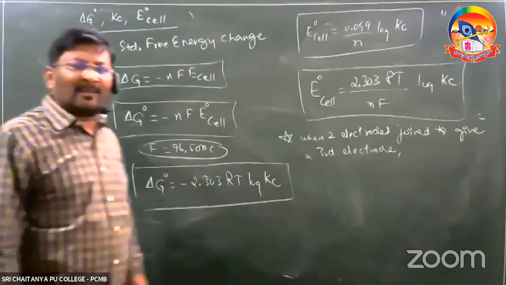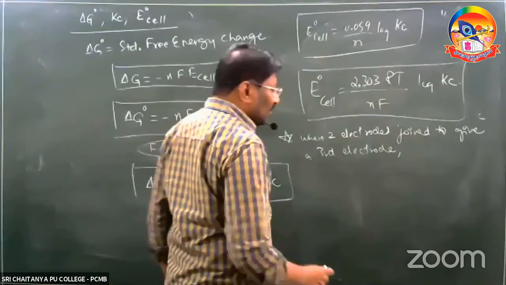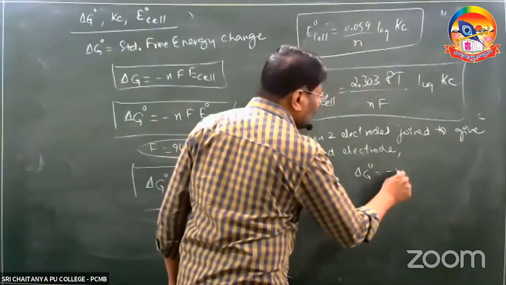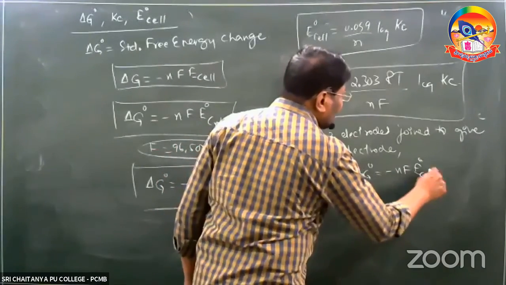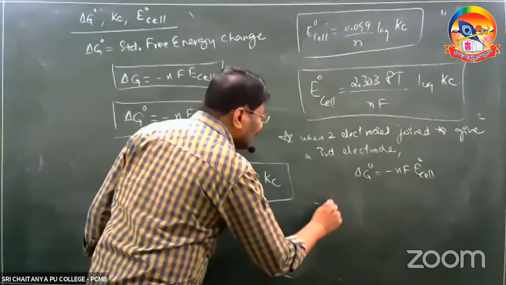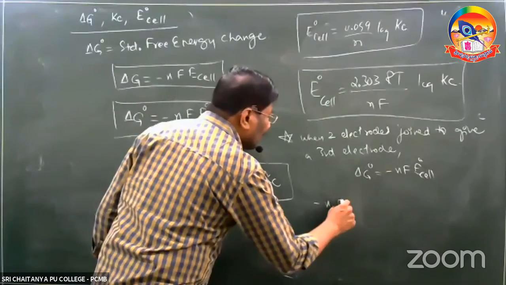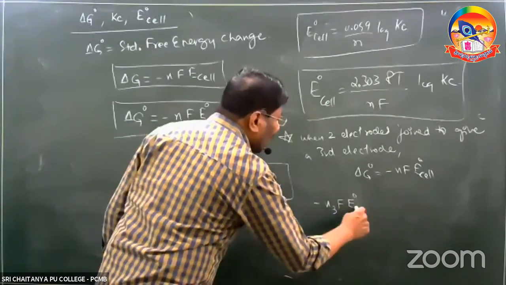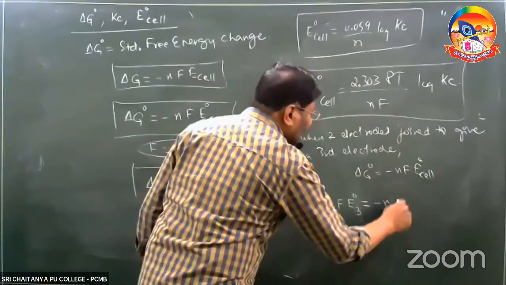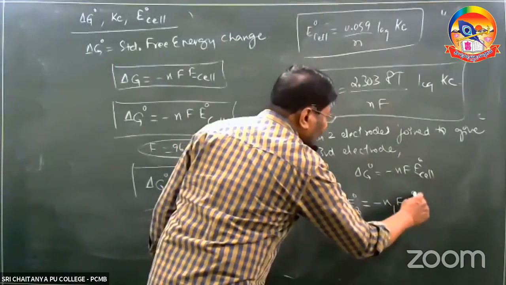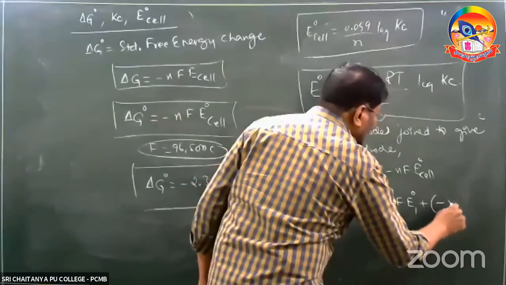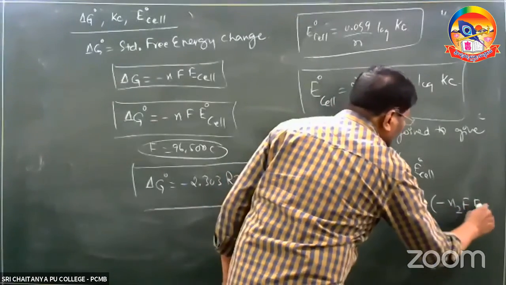At that time, one important formula. This is the formula you know very well. Delta G naught is equal to minus nFE naught cell. So that is minus n3 F E naught 3, equal to minus n1 F E naught 1, plus minus n2 F E naught 2.